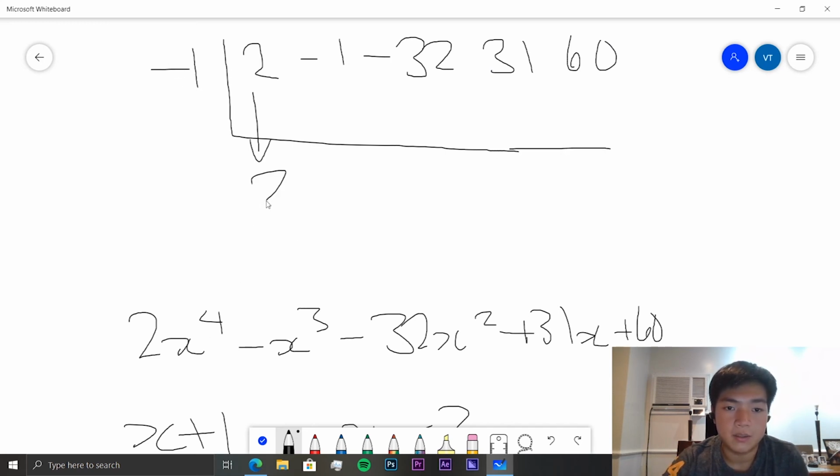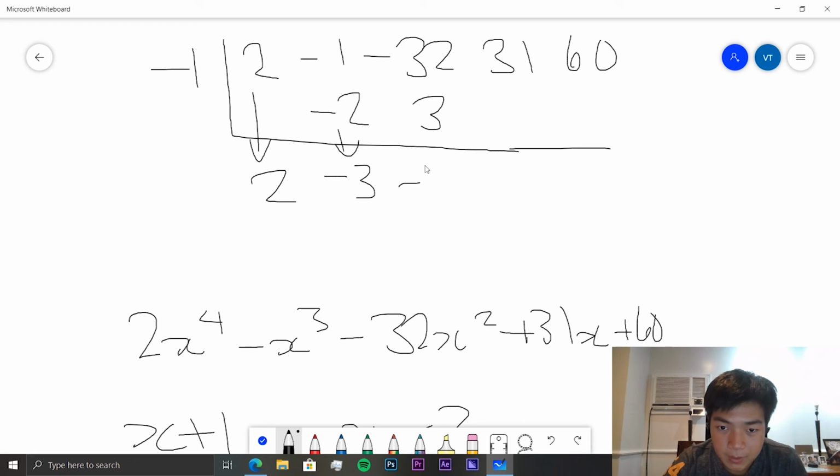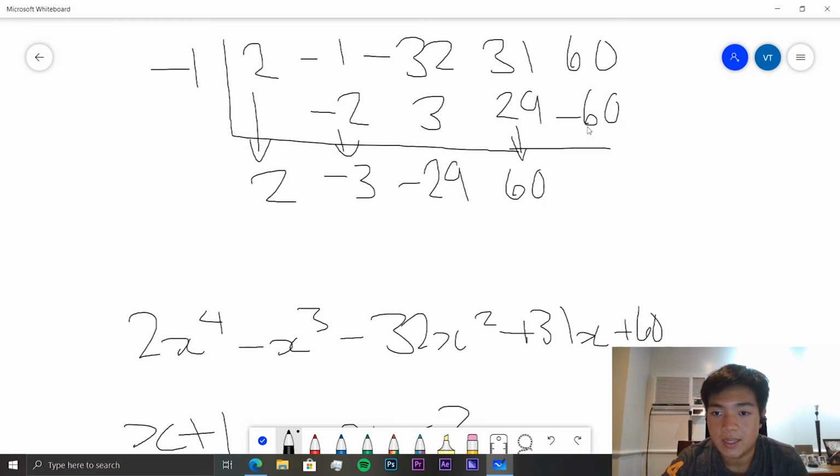So this would be 2, -2, -3, -1 times -3 is 3, -32 plus 3 is negative 29. -29 times -1 is 29. 31 plus 29 is 60. -1 times 60 is -60. And so as you can see, we have a remainder of 0.